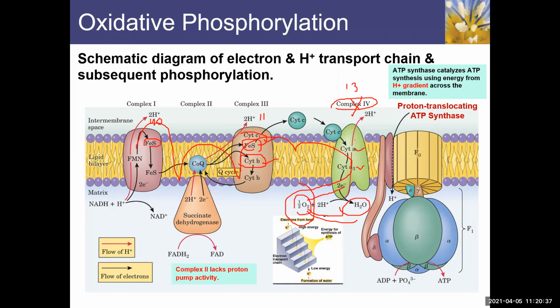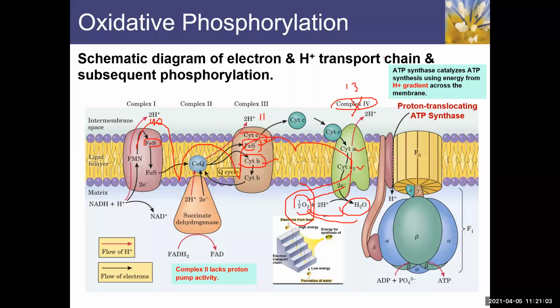Okay, are we okay about the respiratory enzymes, 4 complexes? Any questions about it till now? Okay, all good. So complex 1, 3, and 4.